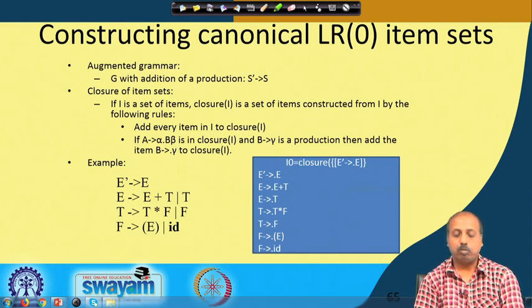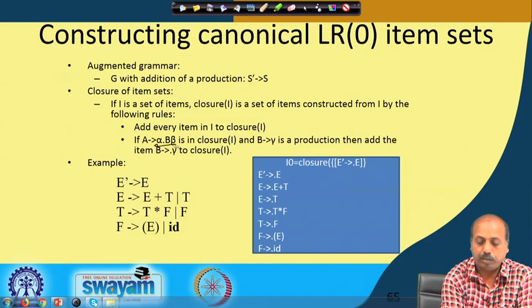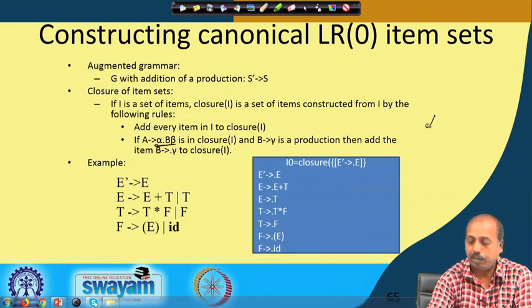When I take the closure of this, by applying this rule, we have E dash producing dot E. Comparing with the rule, alpha is epsilon, B is E, and beta is also epsilon.